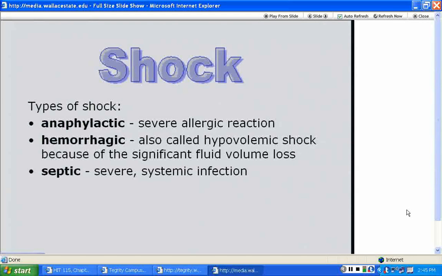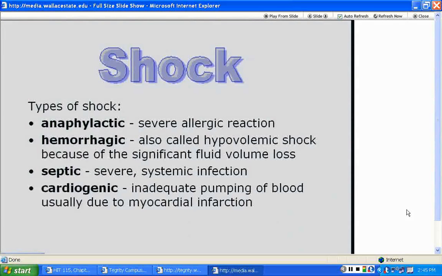The septic shock, they have such severe infection in their body, in every system and through their blood, septicemia, they're going to go into shock because of the severe infection. And then the cardiogenic shock. In the cardiogenic shock, these people are having a myocardial infarction and their heart can no longer pump the blood that's needed to be pumped through their body.